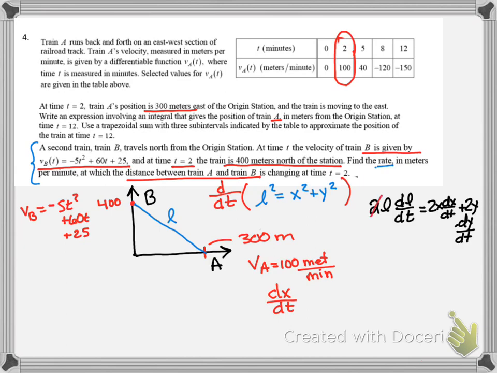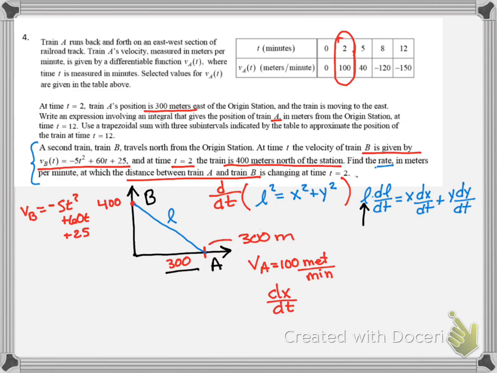If I were to divide everything by 2, the 2's would get cleaned up. And so then as we look at substituting everything we know, this L can be found using our two initial positions. That means our initial L will be 500.